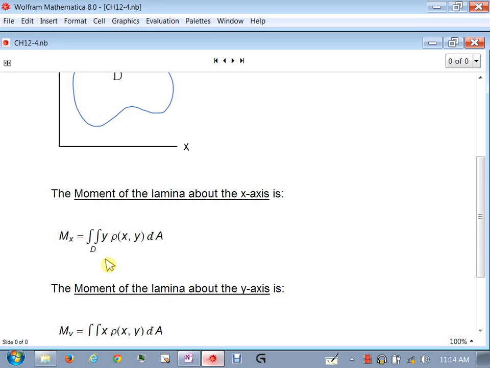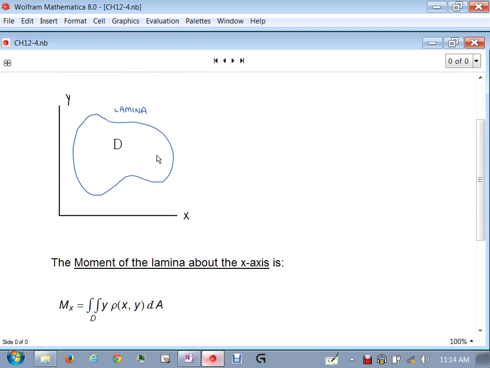So if rho of xy dA gave us the infinitesimal mass at the points, multiplying it by y means that you're looking, let's say where my arrow is, right there at the infinitesimal mass. That's what rho of xy dA gives you. And then you're multiplying it times y.